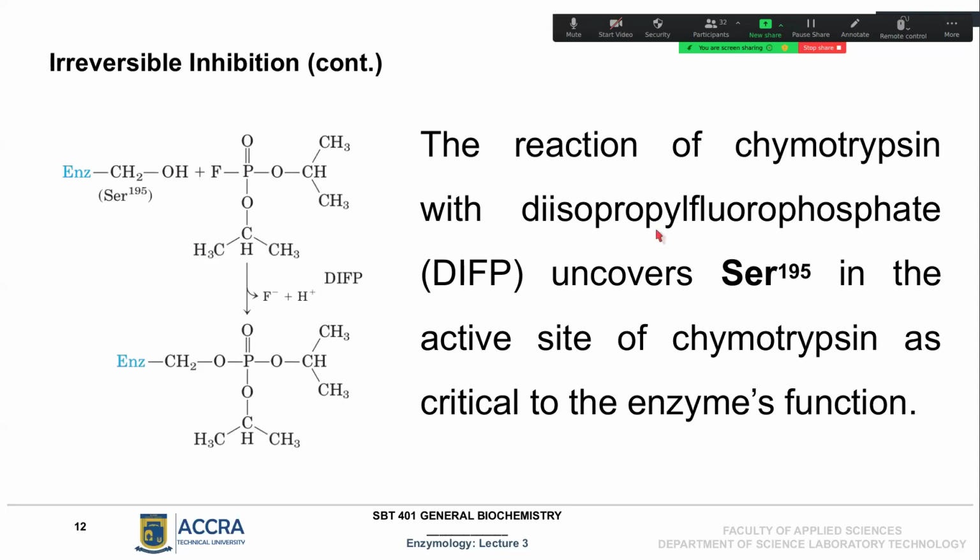And of course, I think DIFP sometime back was even used in chemical warfare. It was used in some chemical weapons to cause paralysis in soldiers and stuff like that.